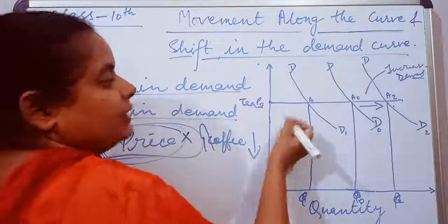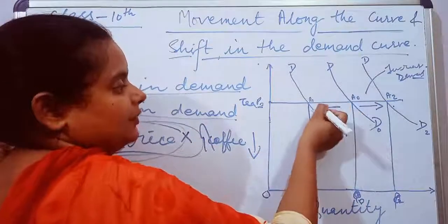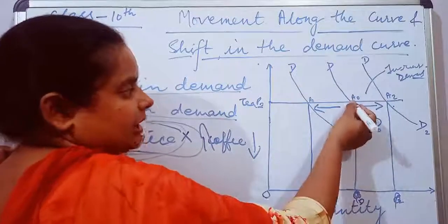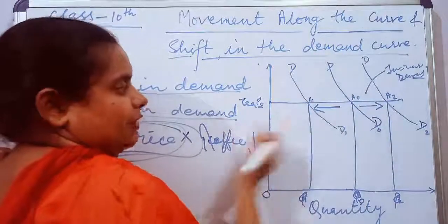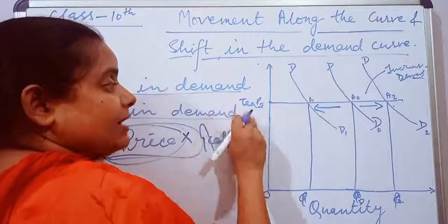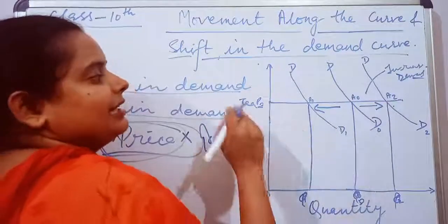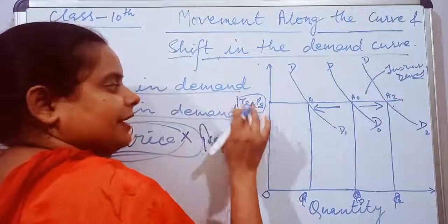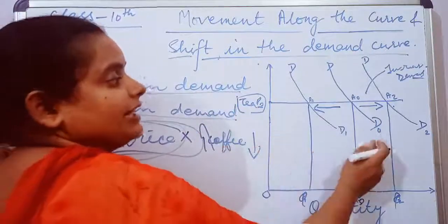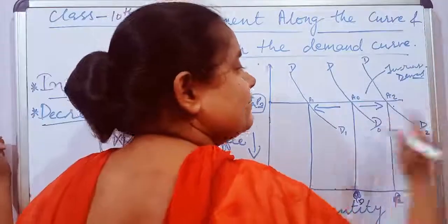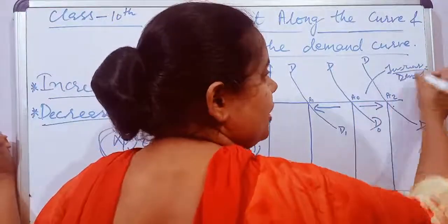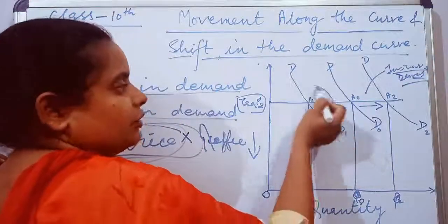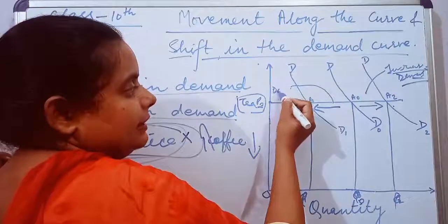Here the demand for tea will decrease. It will start moving leftward. Means the consumer who is purchasing this much will shift to the left side. Here the price of another commodity affects the demand of tea. So if it is moving to the right hand side, it shows increase in demand. But if it is moving to the left hand side, this shows decrease in demand.